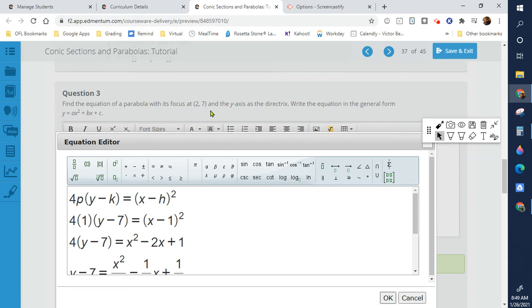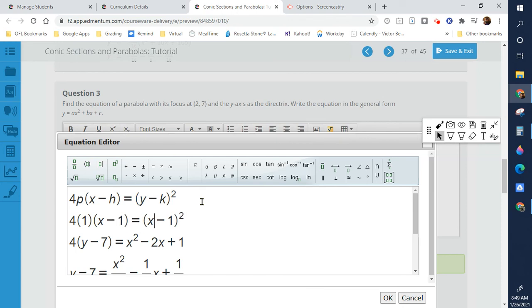If I change the focus, it would be 1 for the vertex. So I did that. So let me fix some things here. This is going to be an x. It's going to be an h because we're dealing with a horizontal parabola. Hopefully you guys caught that when I didn't. It's going to be a little different here. So this is going to be x minus 1.